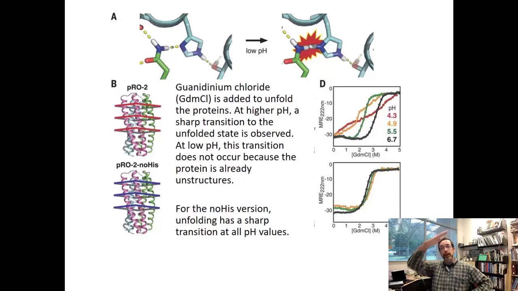The important thing is the red line doesn't have a sharp, steep transition. The steeper the line, the more stable the structure. The red line is not steep at all. In fact, it looks like just a flat slope just going up. It's hard to see where this is falling apart because it has already fallen apart at pH 4.3.